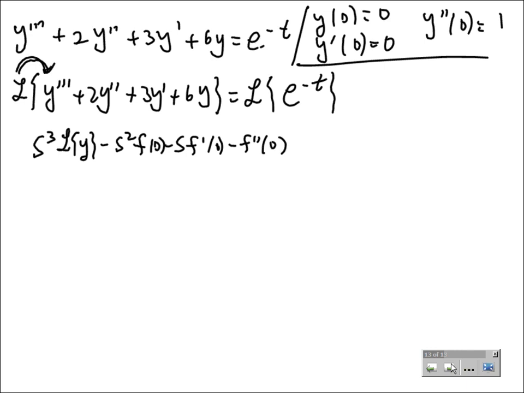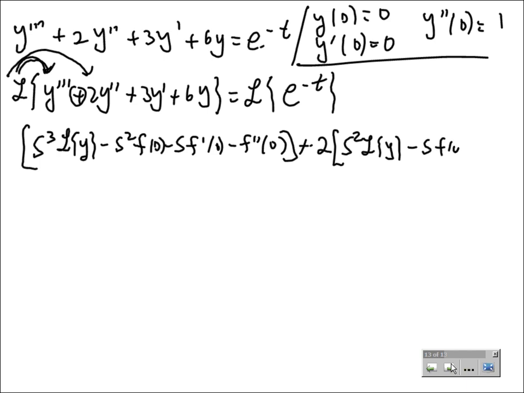That's just L of y triple prime. Plus, as it says plus, L of 2y double prime. Well, the 2 I can factor out. This is just 2 times the Laplace of y double prime. But the Laplace of y double prime is this. It's s squared L of y minus s times y of 0, minus y prime of 0.